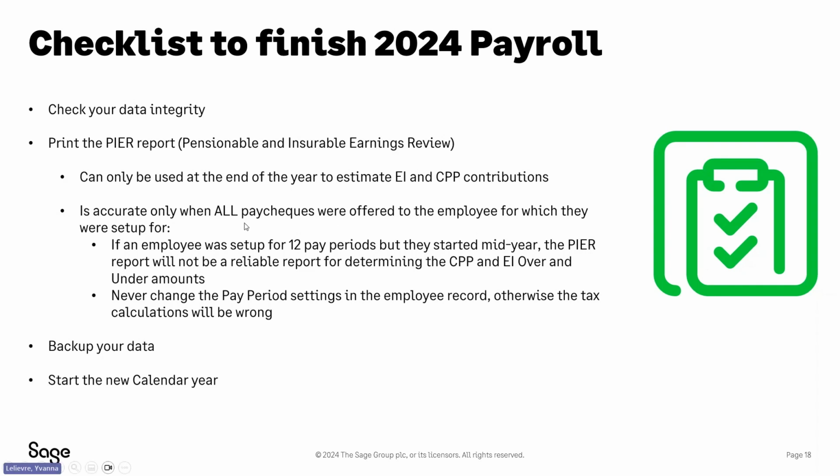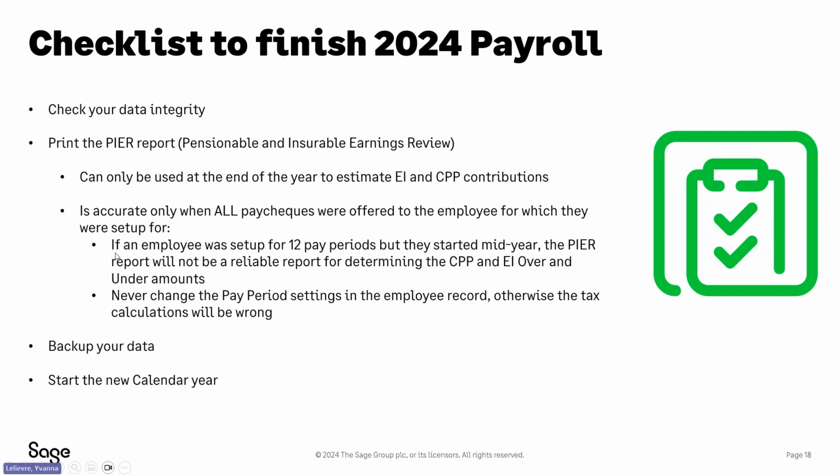If you were to check this report before you've posted all of the paychecks, it will be inaccurate. It will give you information that is just incorrect and will probably say that there are issues when there probably are not.